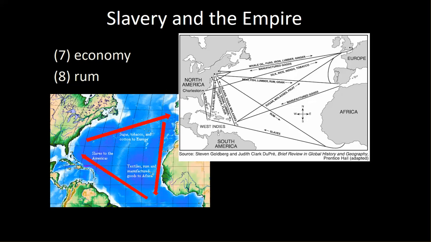So it shouldn't surprise you that for many free colonists, they believed that their freedom rested on the ability to enslave others. As slavery became more entrenched, so too did the idea that slavery was connected with a particular race.